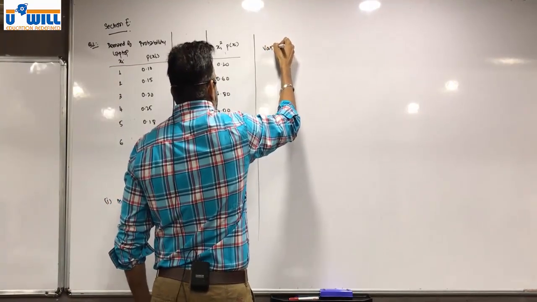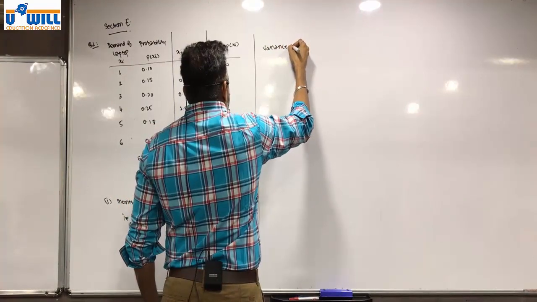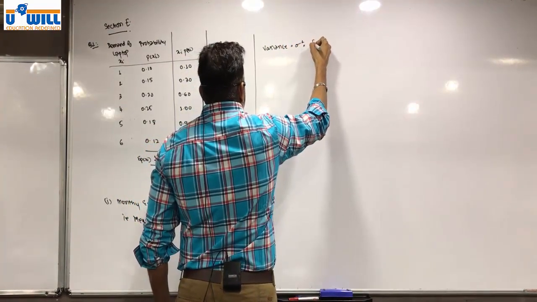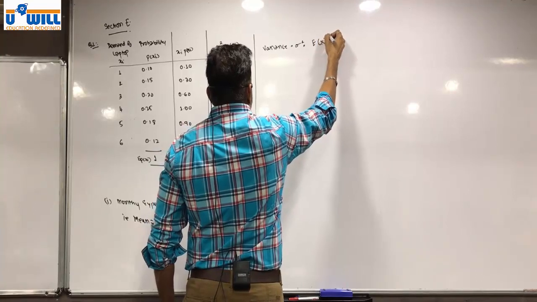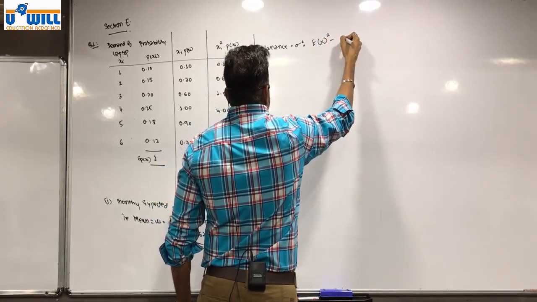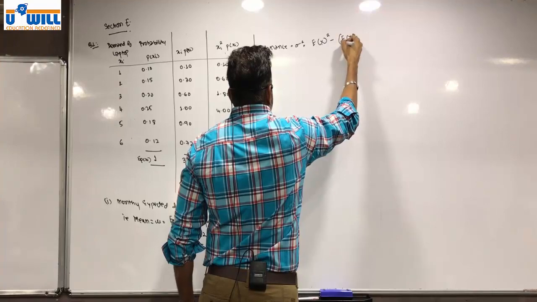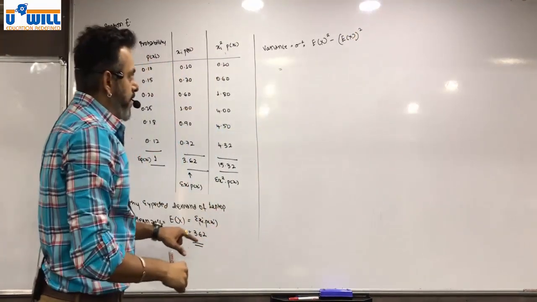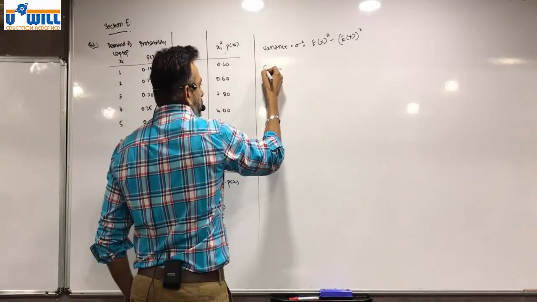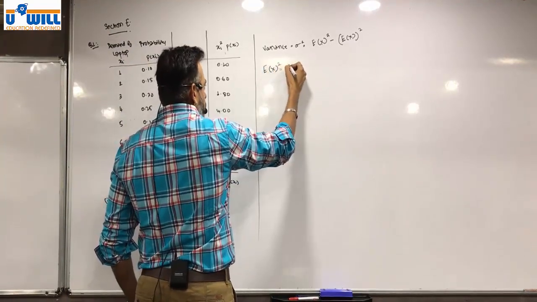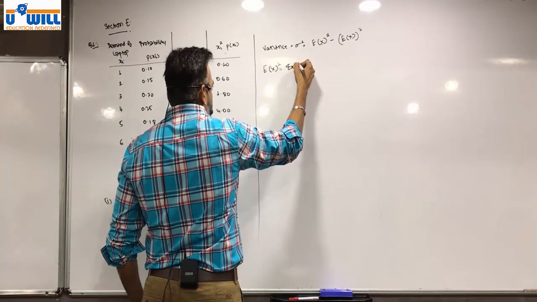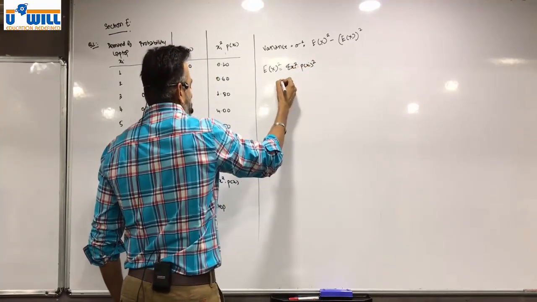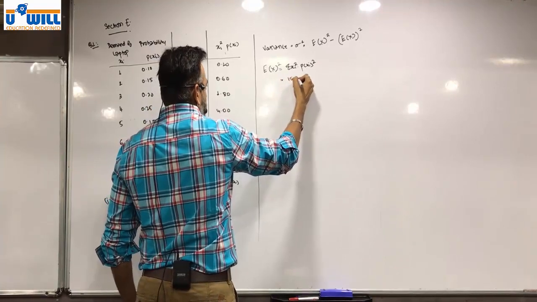Variance is equal to sigma square is equal to expected value of x square minus expected value of x the whole square, where expected value of x square is equal to sigma xi square into p of xi, which is equal to 15.32.